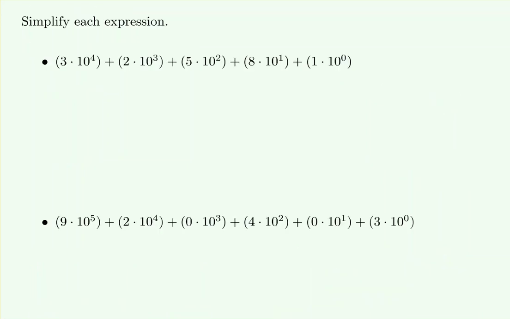Now with these exponents, we saw in a previous section how you can write out our numbers into what could be called expanded form, and that's what we're going to learn here today. So this is expanded form.